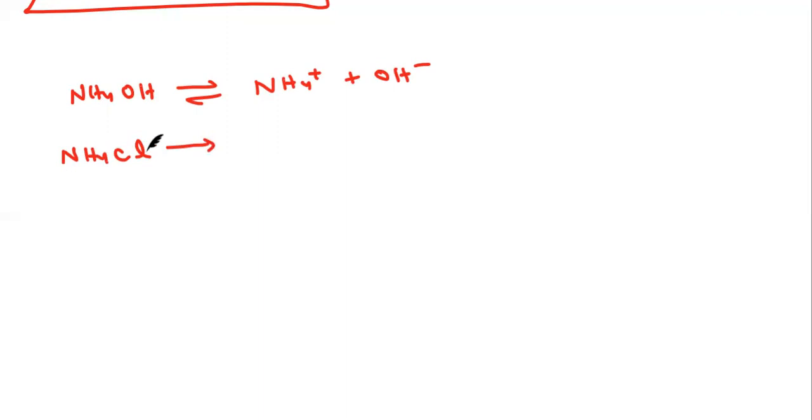It is completely irreversible. So you have NH4 plus and you have Cl minus. So you don't have right now this, but you have this, and also this, because the first reaction is in equilibrium. Now, how can we define the buffer action? I mean, how can we explain that? So we have to take a small amount of acid, right?